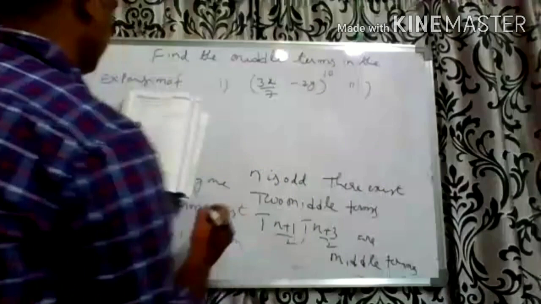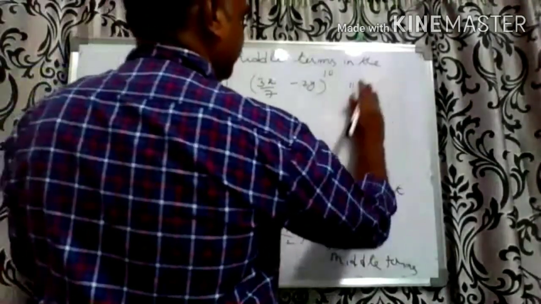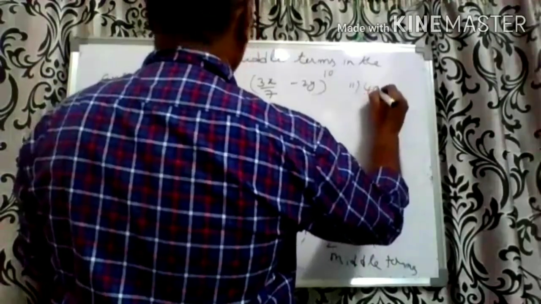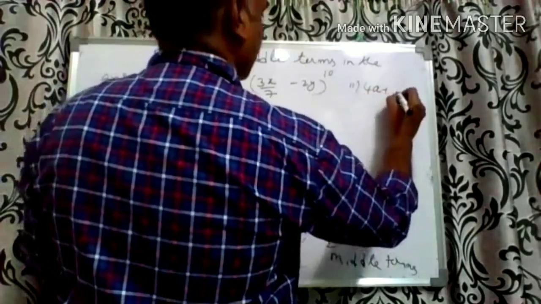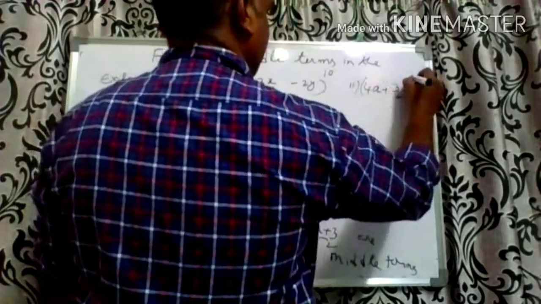Second question, problem number 2: 4a plus 3 by 2 into b whole power 11.